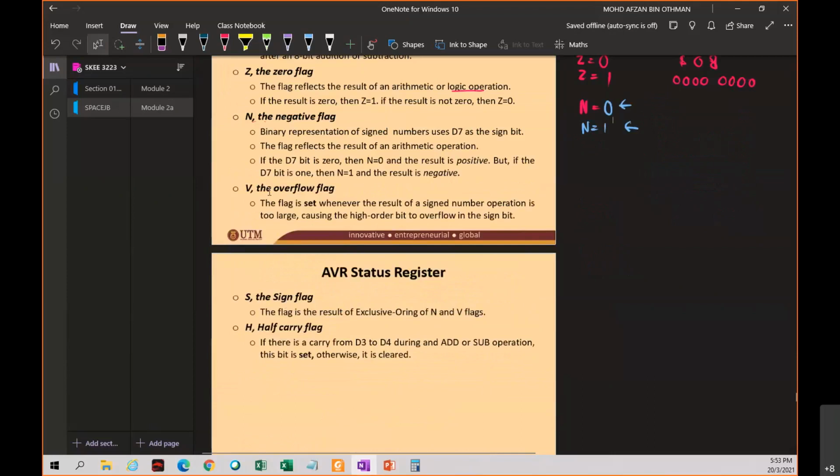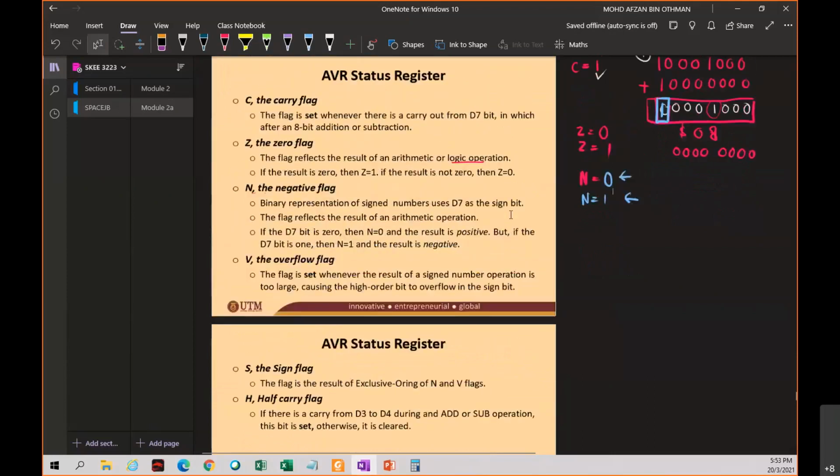And then for the V flag, the overflow flag, the flag is set whenever the result of a signed number operation is too large, causing the high order bit to overflow into the sign bit. For example, you do an addition of two signed numbers. You know that the sign bit is bit 7.